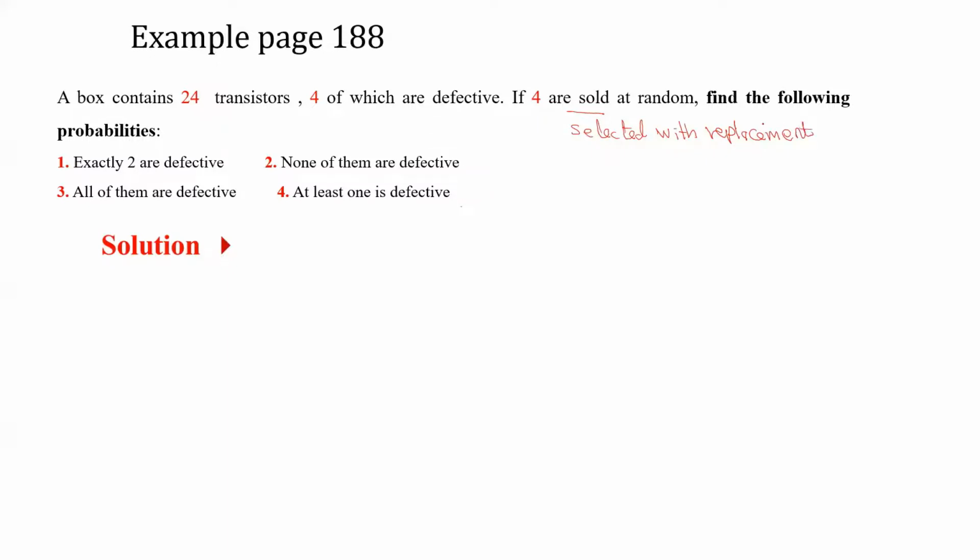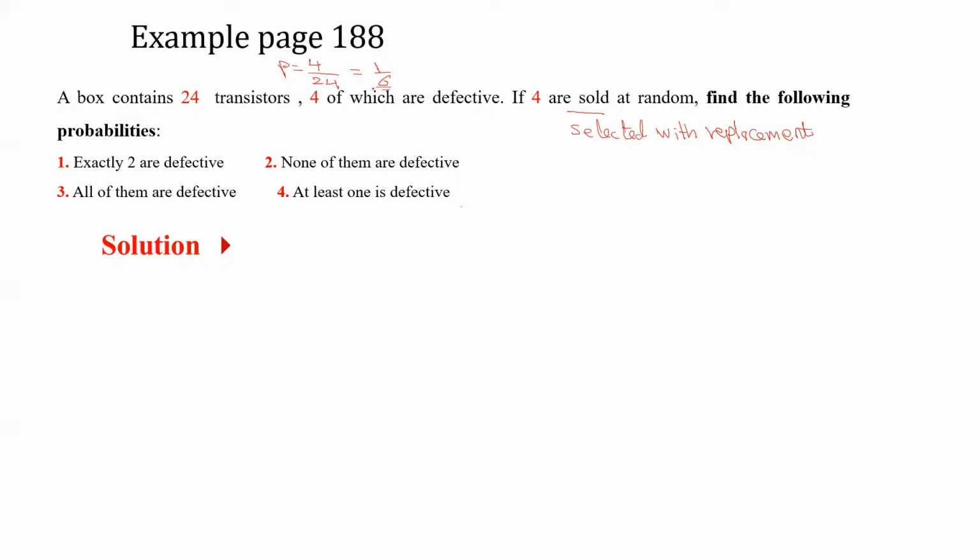So in this case, this is a binomial distribution. Binomial distribution has 4 conditions. First condition, we have 2 outcomes, defective or non-defective. Second, p should be known and remain the same. So how to find p? p is the number of defective, 4, over the total number, 24, so it is 1/6.